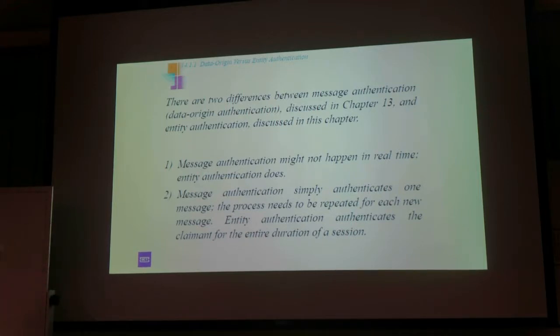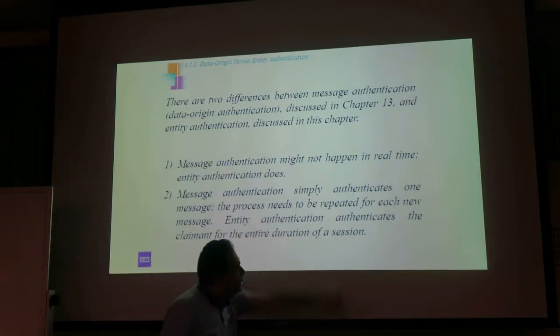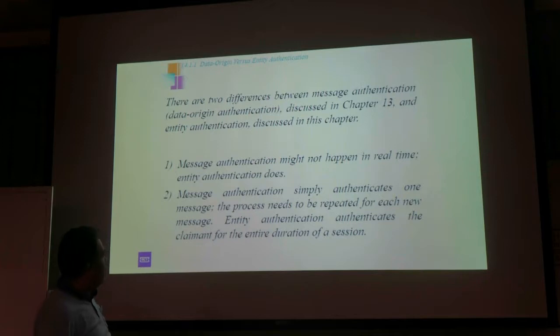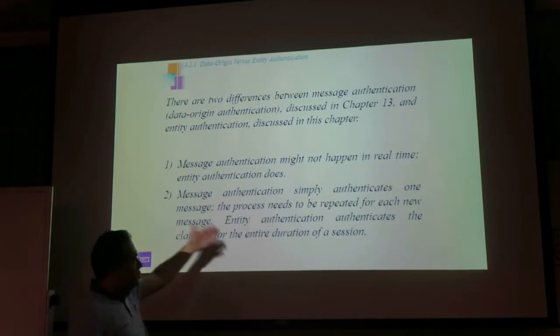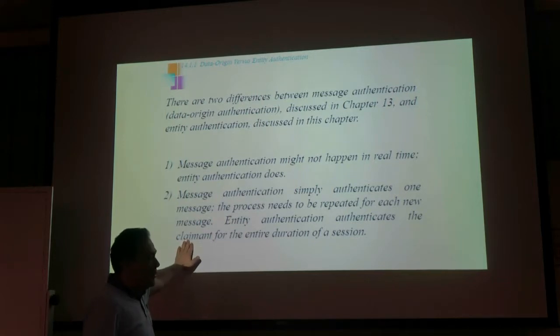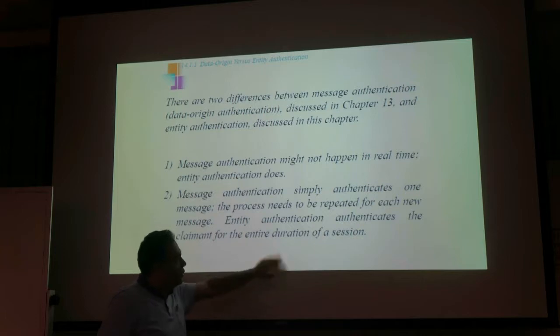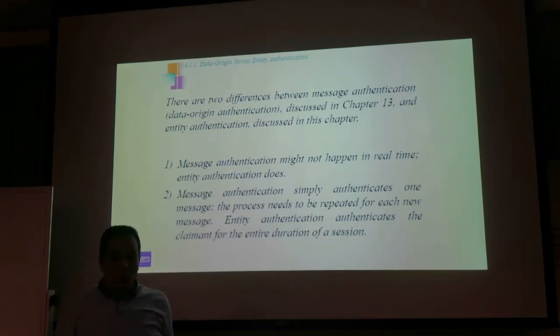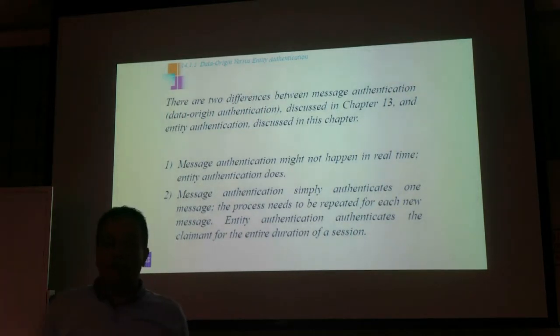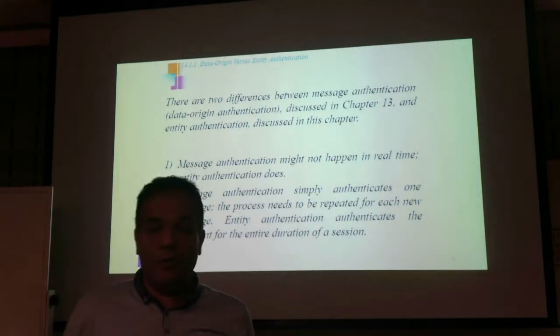Message authentication simply authenticates one message. The process needs to be repeated for each new message. Entity authentication authenticates the claimant, we call it the claimant and verifier, for the entire duration of a session. When you log into your email server, you are authenticated.